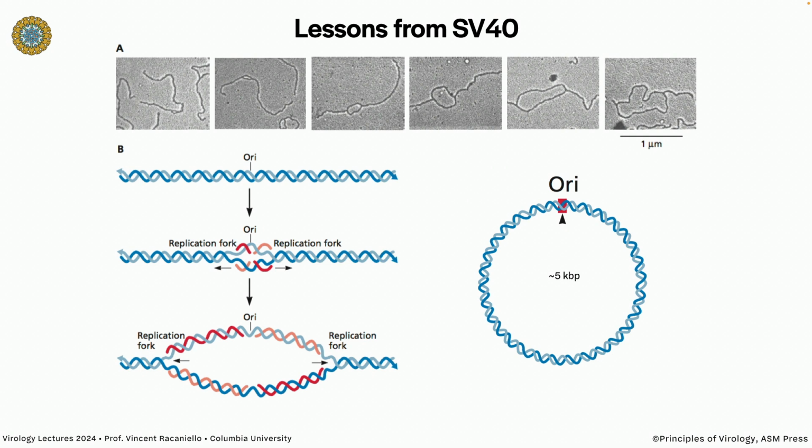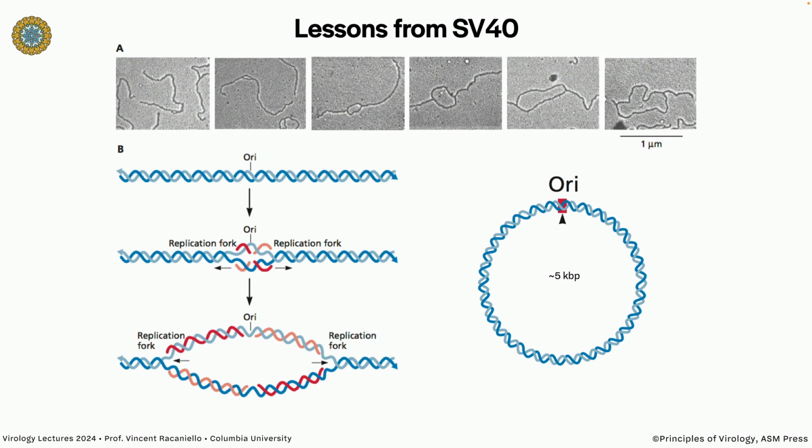It's called ORI. And DNA synthesis occurs via a replication fork in both directions from the ORI. So we call it a bidirectional replication fork. And what happens is replication begins at the ORI, and you have denaturation of the double-stranded DNA, and then synthesis of the new strands, which are shown in red here.